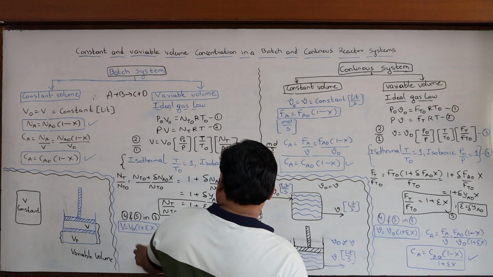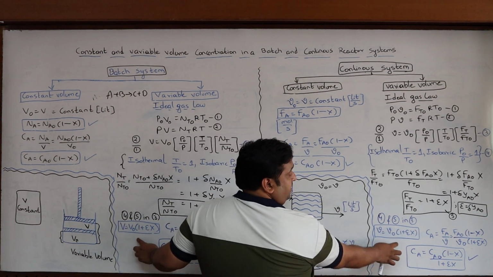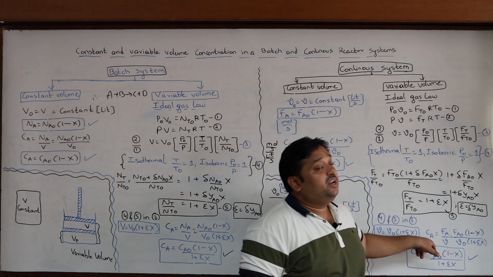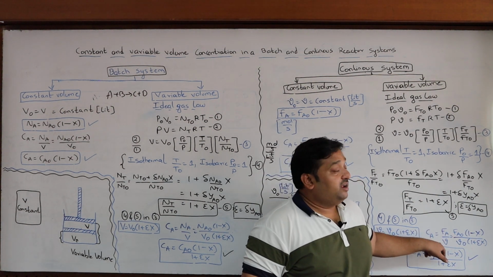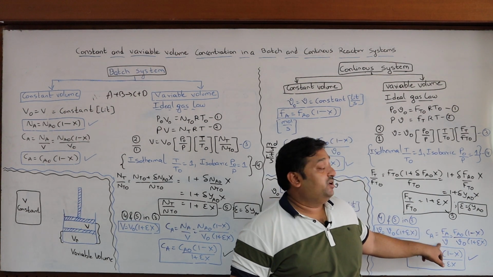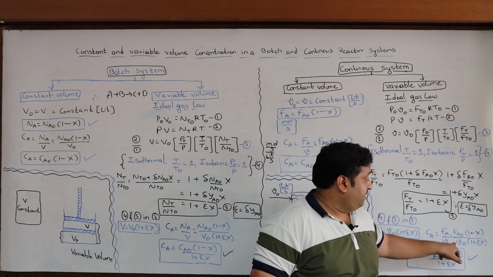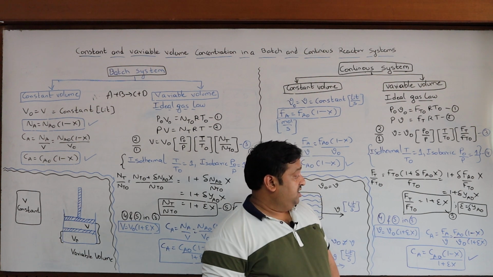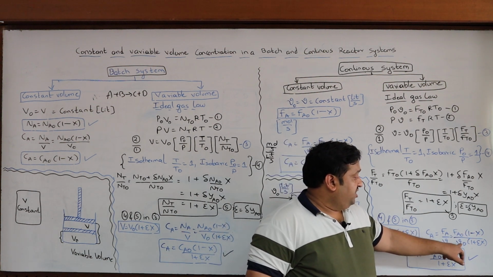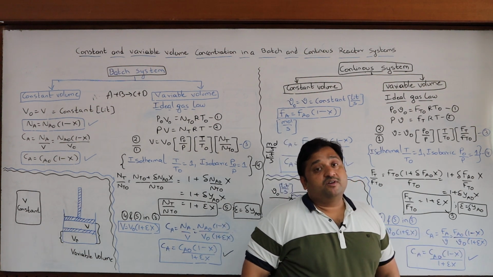Then what is my final concentration? It is nothing but the final molar flow rate divided by the volumetric flow rate. Fa equal to Fa0 into 1 minus x, divided by V0 into 1 plus epsilon x. Fa0 by V0 is nothing but Ca0.